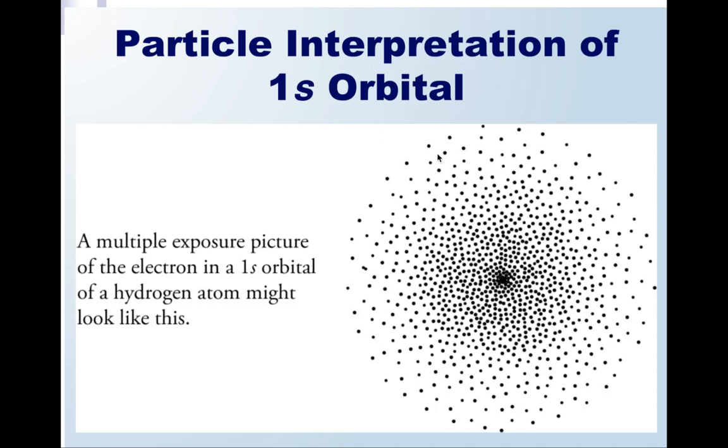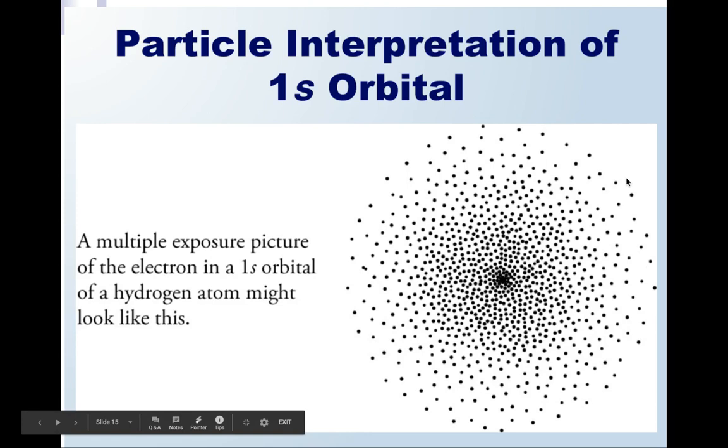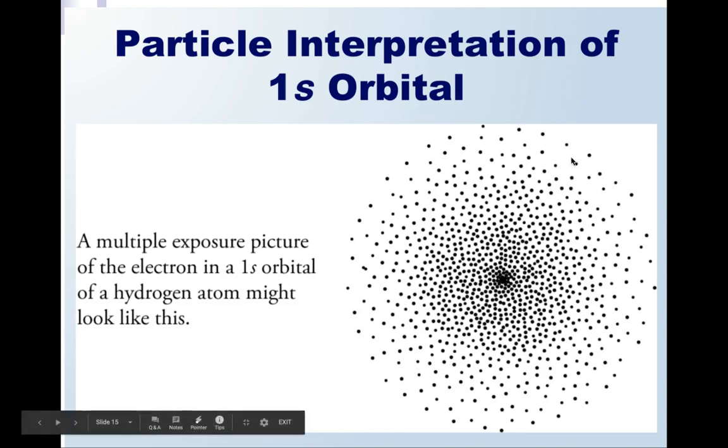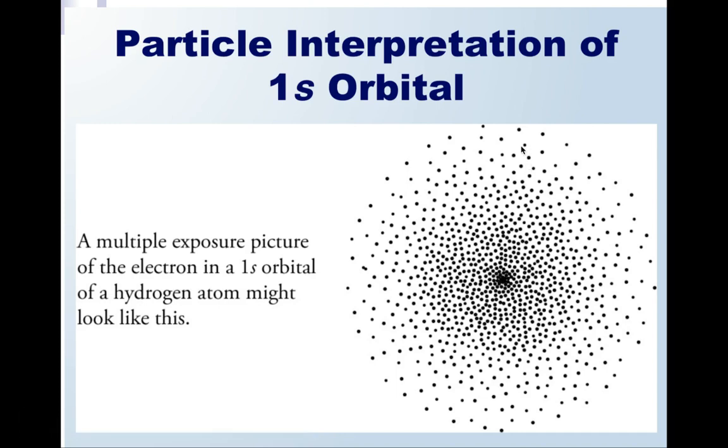So again, here would be a map, and this is what is considered to be the 1s orbital. So 1 meaning it is in the first energy level, and S standing for what we refer to as an S-shaped orbital or a sphere-shaped orbital. So the electron is most probably found somewhere in and around here because it's more dense, but at any given moment, it could be there, it could be there, it could be there.